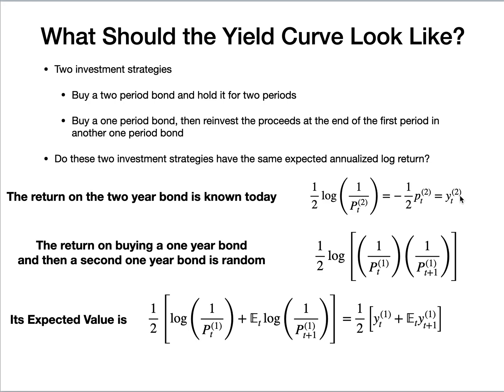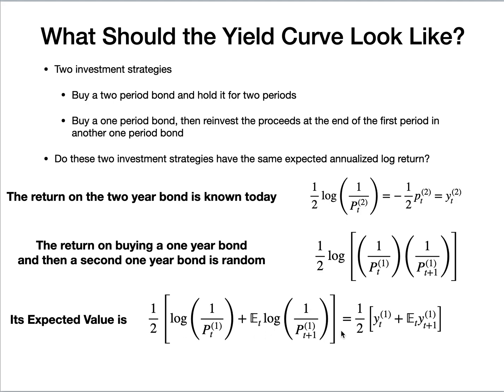And we said we could compare that yield to the expected rate of return we would get in logs from buying short-term bonds, holding them for one period, and then rolling them over, buying another one next period when this one matures, and holding that for one period.